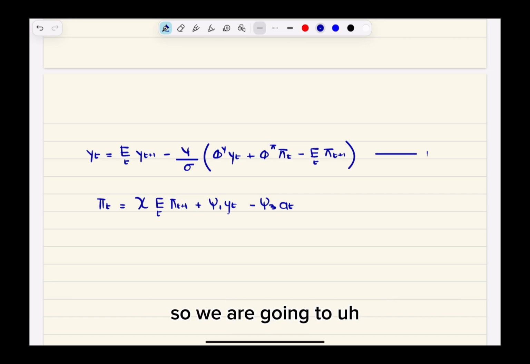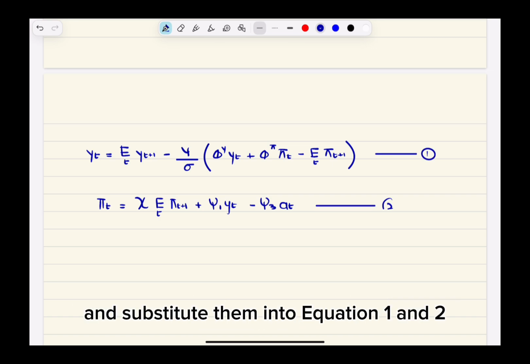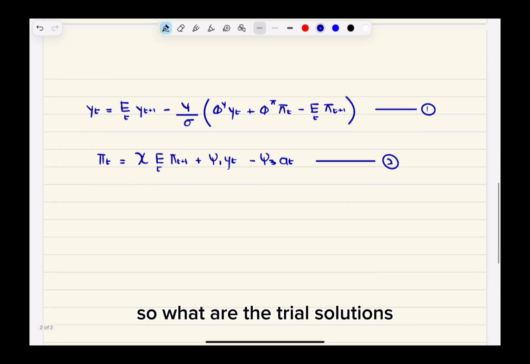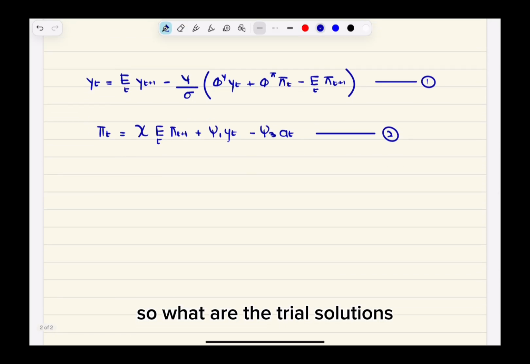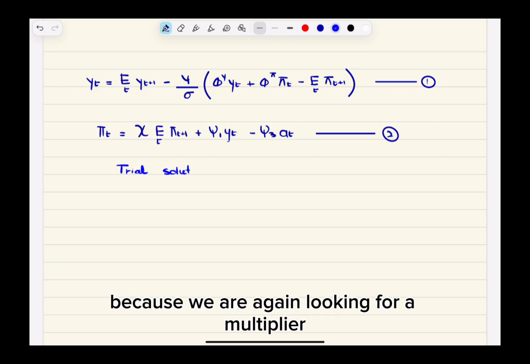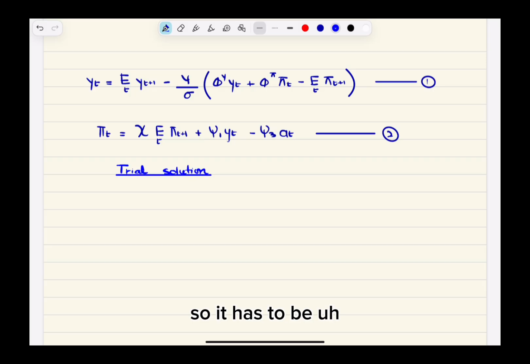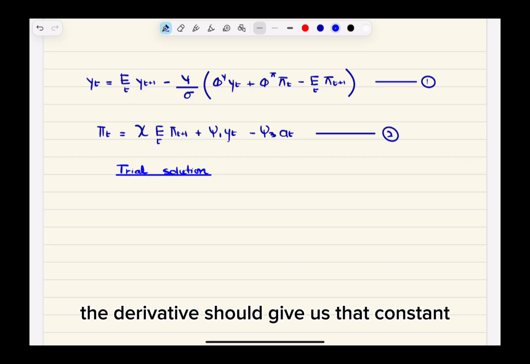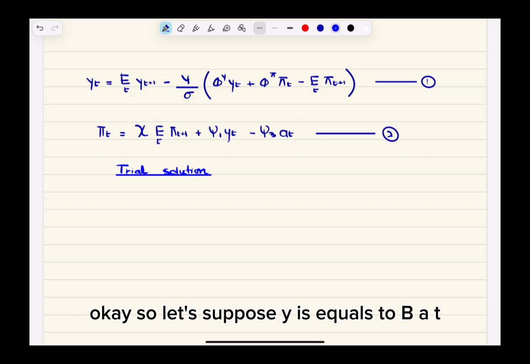So we are going to write the trial solutions and substitute them into equation 1 and 2. So what are the trial solutions? The trial solution, because we are again looking for a multiplier, so the derivative should give us that constant. Okay, so let's suppose y is equal to b a_t.